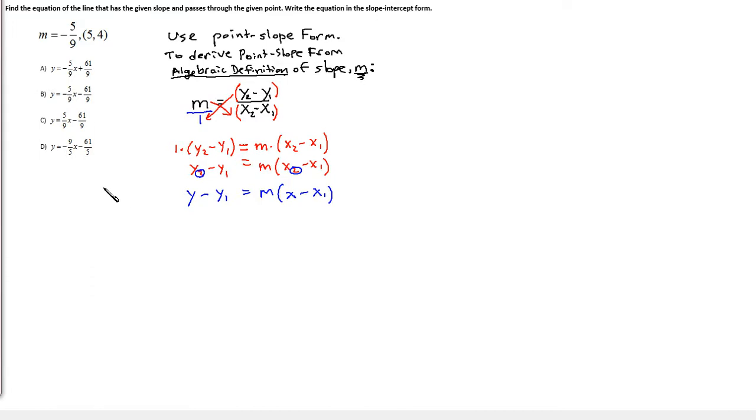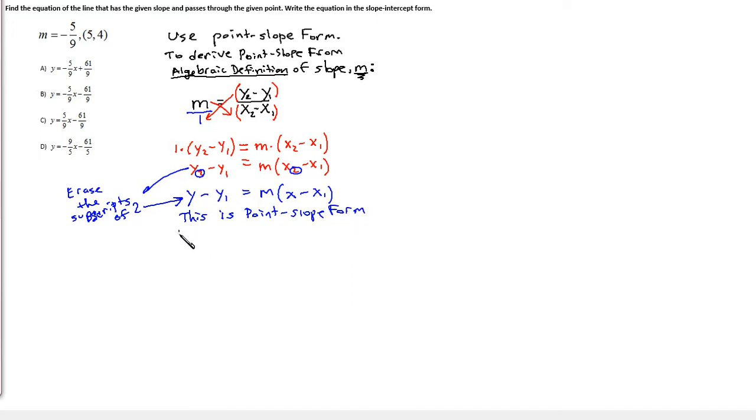All we did was erase the subscripts of 2 from here to here. And now we have point slope form.